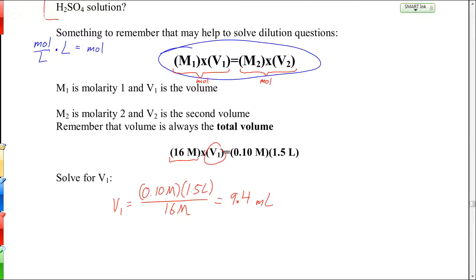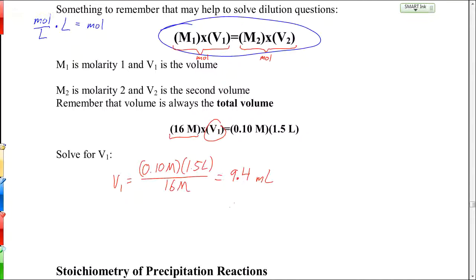So you need 9.4 milliliters of your stock solution. You would dilute it to 1.5 liters, and now you have a 0.1 molar solution. We'll be doing that in, well, in a few labs, actually, because we'll need to make some different dilutions to measure some different concentrations. So that'll be coming up in the next couple weeks.